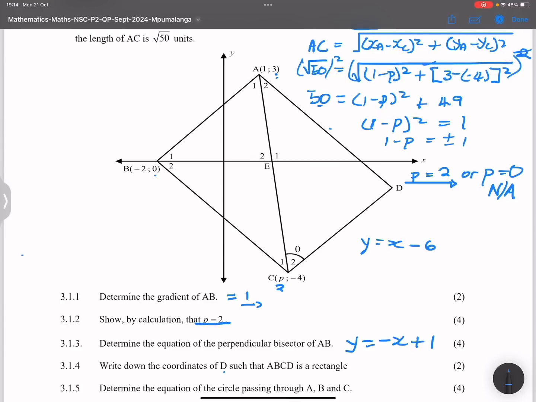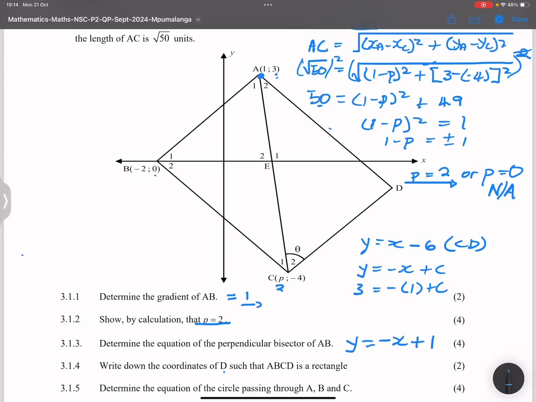The equation of AD, right? So we know that the gradient should be -1. And we know we've got a point that is at A. So we've got, when y is 3, x is 1 plus c.